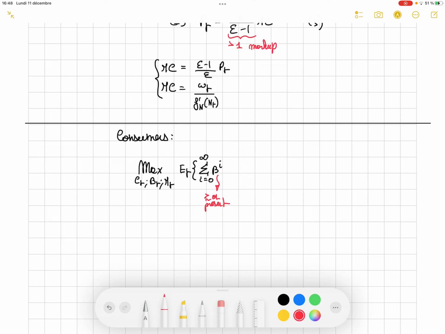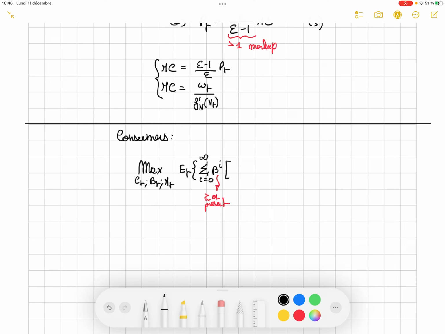If you are considering utility in a period that is very far away, it will be considered by the household as lower because beta is between 0 and 1, and due to the exponent i, if we go far in the periods, it will always be related to a lower term here. So that's basically a parameter to allow for preference on the present. That is actually a necessary condition to have a stable equilibrium at the end.